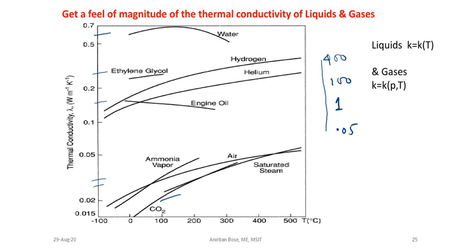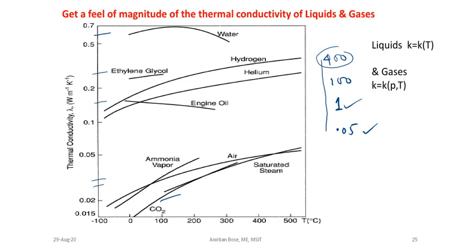Gases have this order, liquids this order, pure metals this order. For non-metals like bricks or insulating materials, which is also very important, thermal conductivity is in the order of 0.5, 0.6. So a certain idea of the magnitude of thermal conductivity is very important.